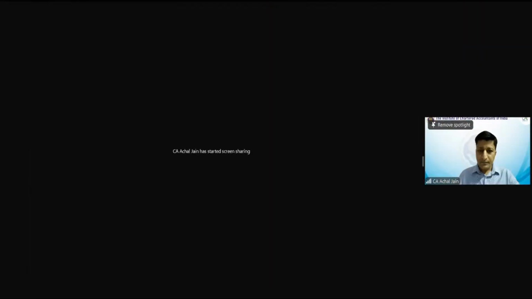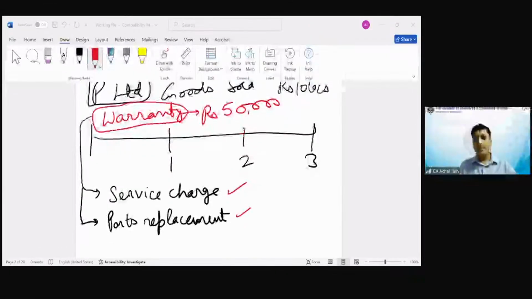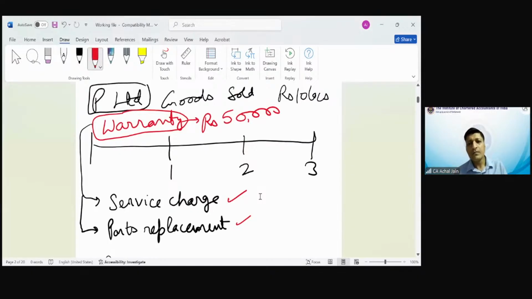Sir, my query is, when we are creating a provision, it is completely uncertain, right? Even if you use past historical data, if the company invests some more, we cannot estimate clearly, right?